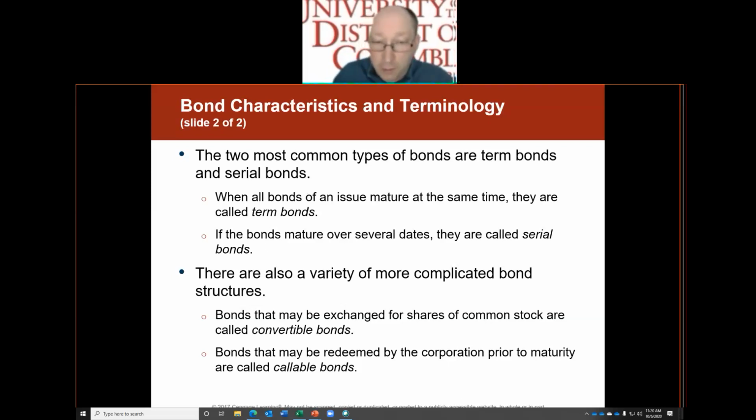We also have what's called a callable bond. This is a type of bond that can be redeemed by the corporation prior to its maturity date. When you call something, you're redeeming it. When you put something, you're returning it. We'll talk more about calls and puts in the next chapter, when we talk about stocks.